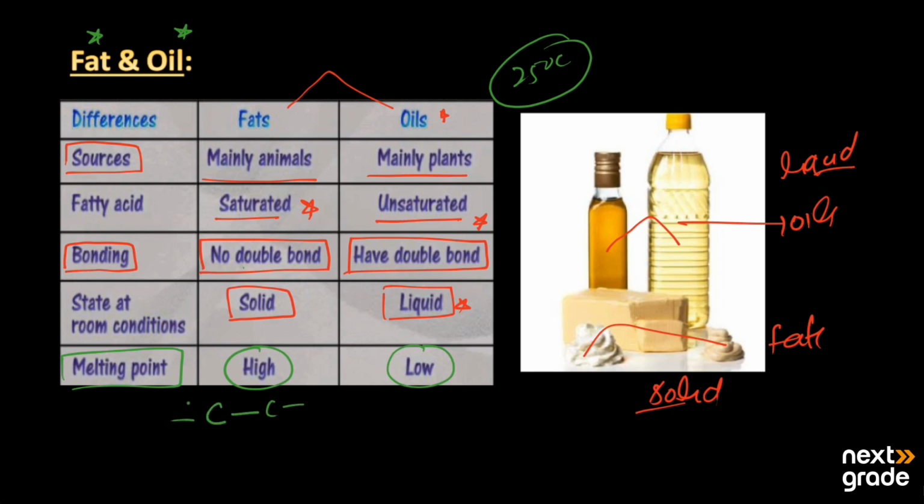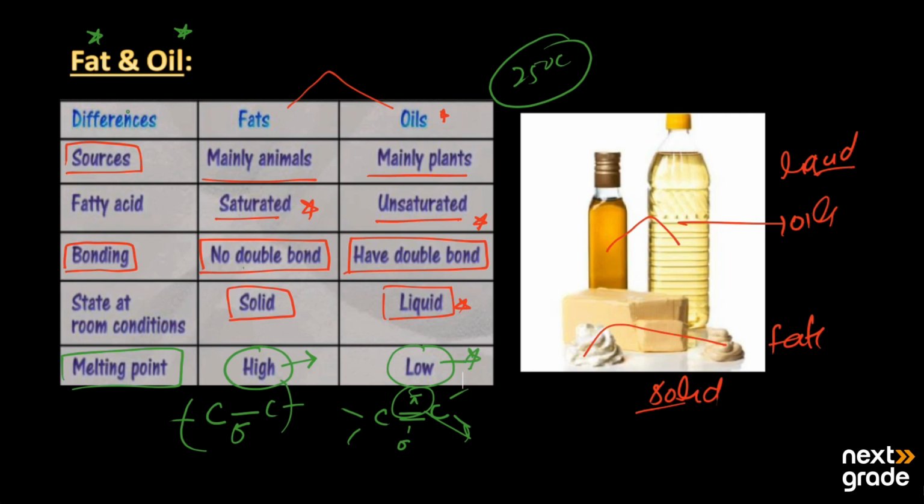This is a sigma bond, which is very strong, so that's why the melting point is high. On the other hand, it is low in oils because they contain a double bond between the carbon atoms, and when it contains a double bond, one bond is pi and one is sigma. The pi bond is very weak, so that's why they start to melt at low temperature. So this is a simple difference between fat and oil.